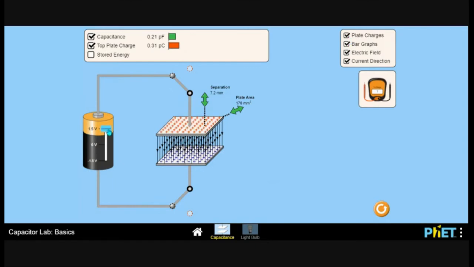Okay? So this is how capacitors work without a dielectric material yet. Later on we will discuss what would happen to the capacitance if there is a dielectric present in the system.